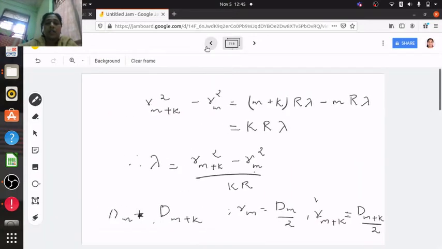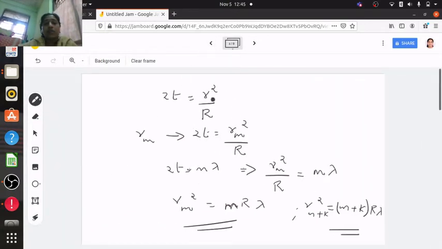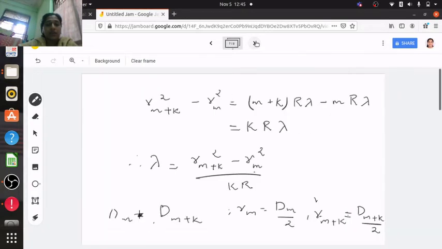Here we have considered the condition for darkness. If we take the condition for brightness, we will get the same result. If we take 2t equal to (2m minus 1) lambda by 2, and put this R_m squared by r as (2m minus 1) lambda by 2, we get the same equation: R_{m+k} squared minus R_m squared is equal to k r lambda, and lambda has the same expression.